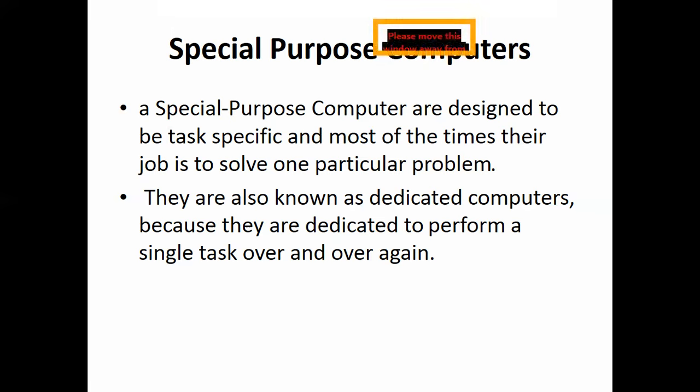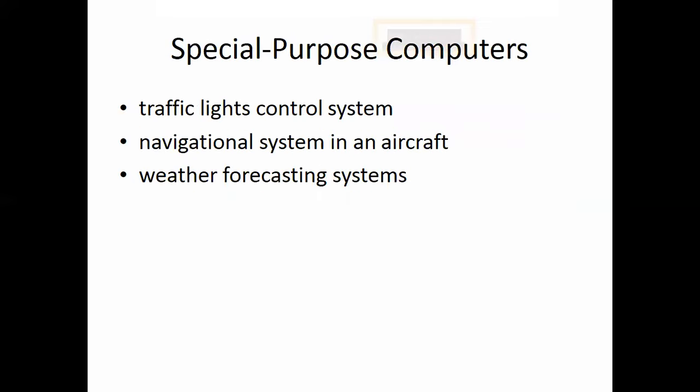You won't find that computer being used, for example, in school to give a PowerPoint presentation. That doesn't happen. So this is classification by purpose, whether it's a special purpose or a general purpose computer.